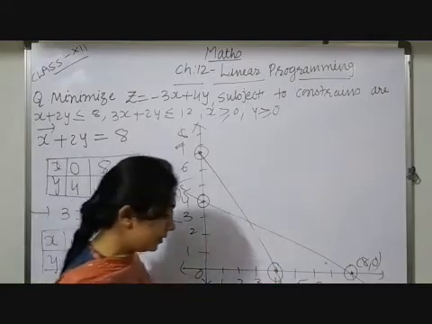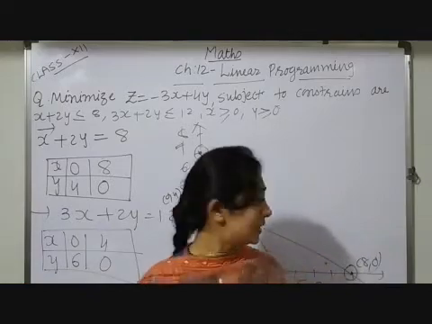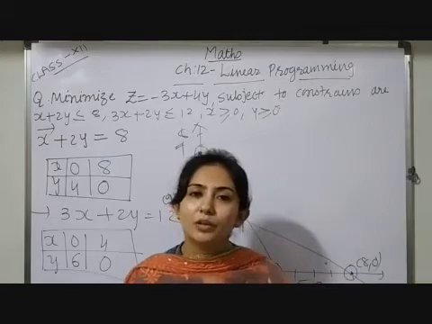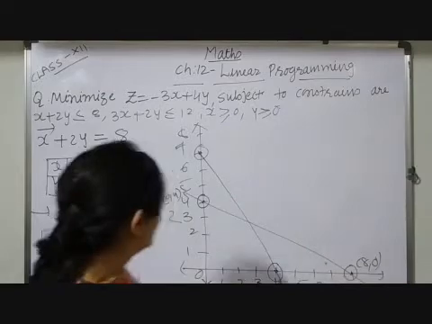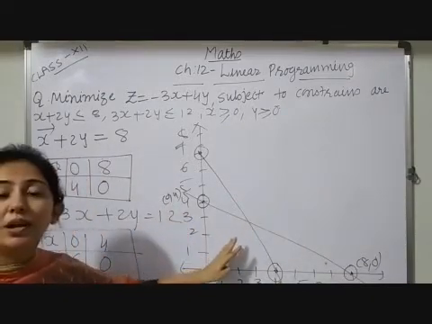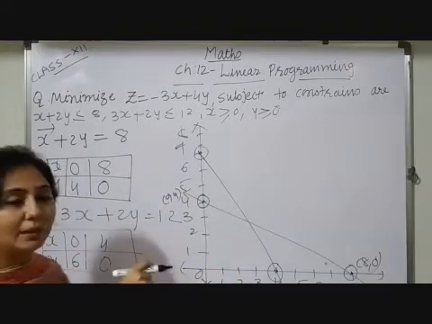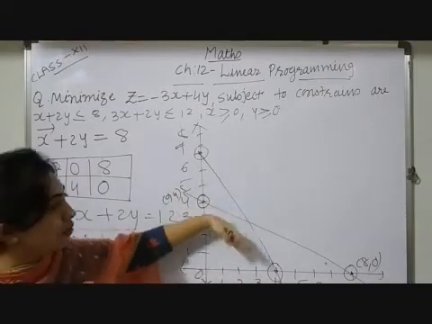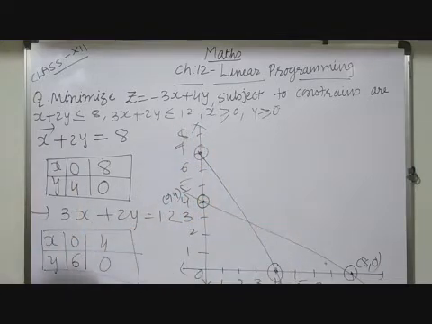Sometimes you will have a little confusion about how to find the intersecting points of two or three lines given in a question. In that case, in our rough work, we just find the solution of these lines. On your graph paper you have enough grid lines so you can easily count and find the intersecting point, but here I have a plain surface without any lines. So I have to find the intersecting point.